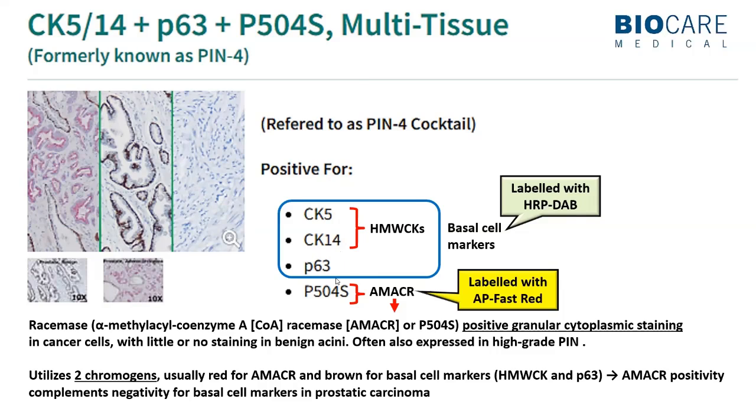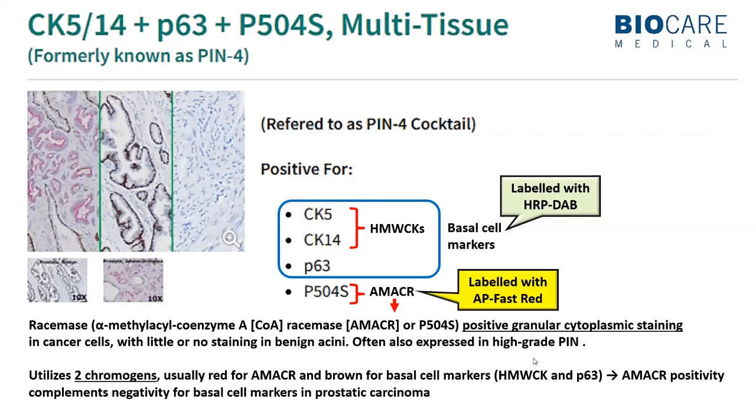At the same time, the nuclear marker, that is P63, which are basal cell markers. So all these three markers for the basal cells are actually labeled to the horseradish peroxidase and DAB chromogen. So they will stay in brown basically, while the AMACR is basically labeled out with alkaline phosphatase and the fast red, which the presence of this AMACR will be picked up in red.